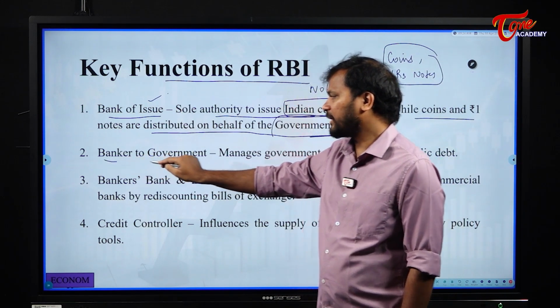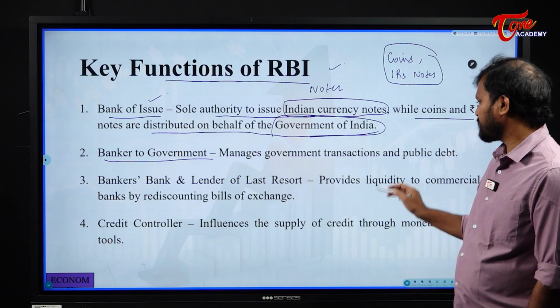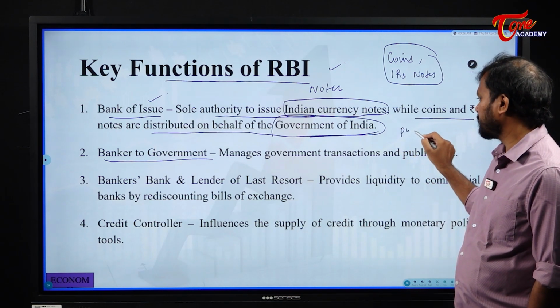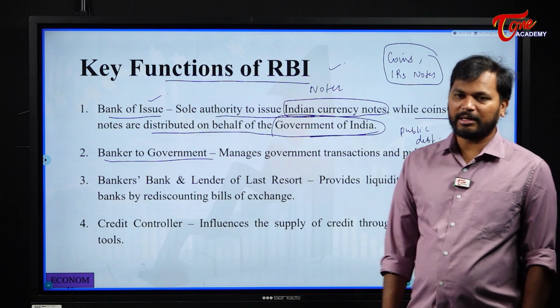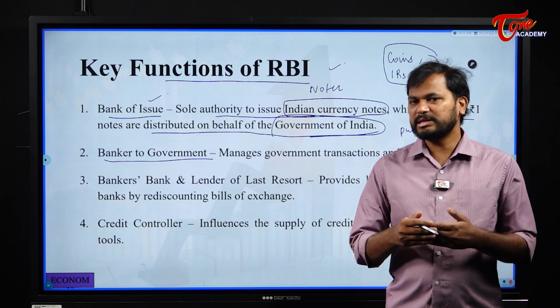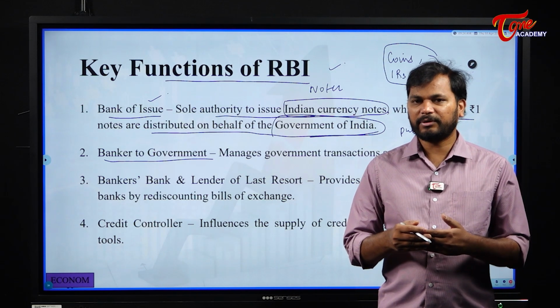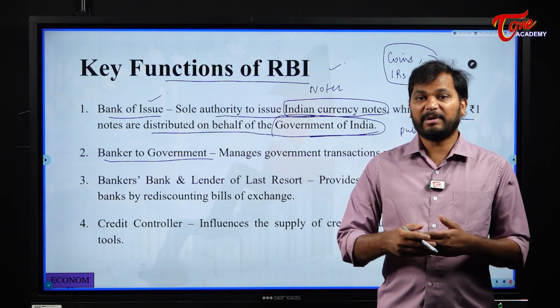Next, banker to the government. The government transactions and public debt. In order to supplement the government transactions and the public debt. For example, when we discussed the monetary policy, at one point of time, I discussed this concept called the monetized deficit, the budget deficit.